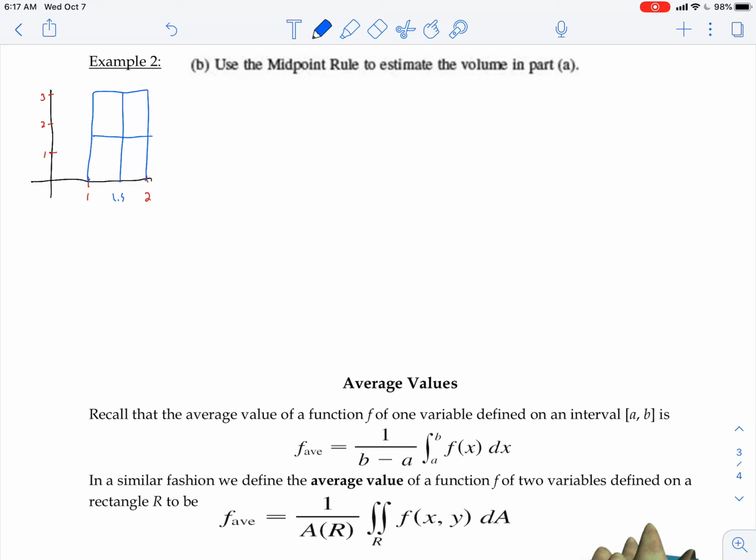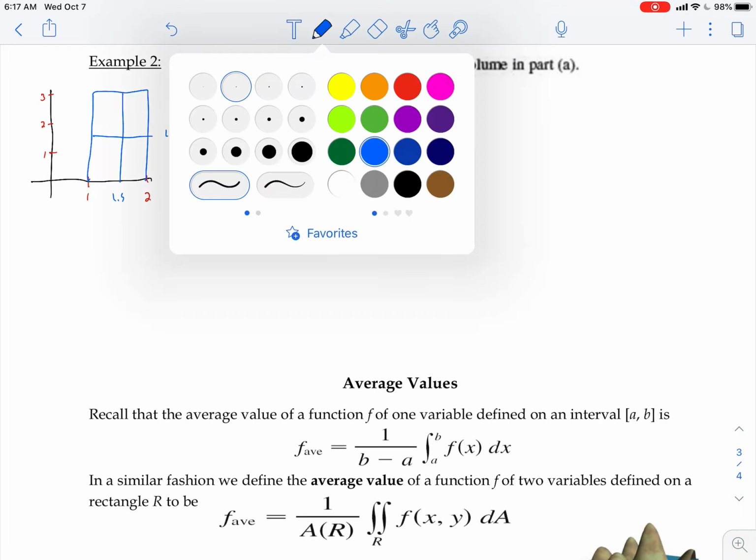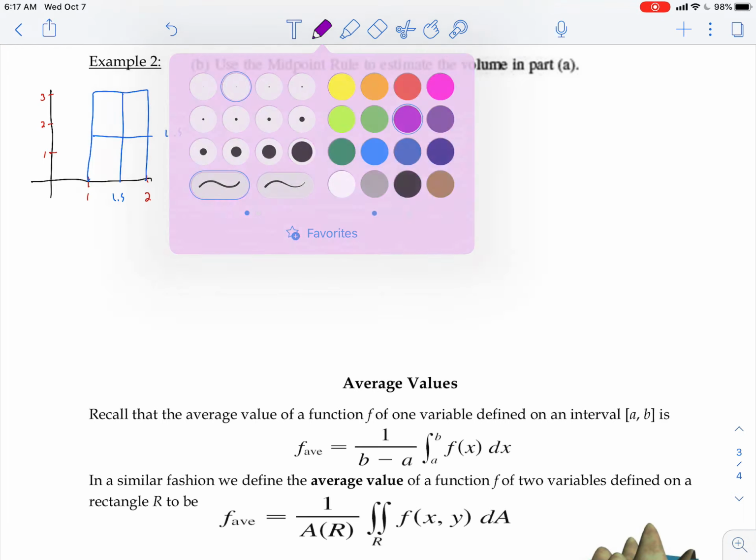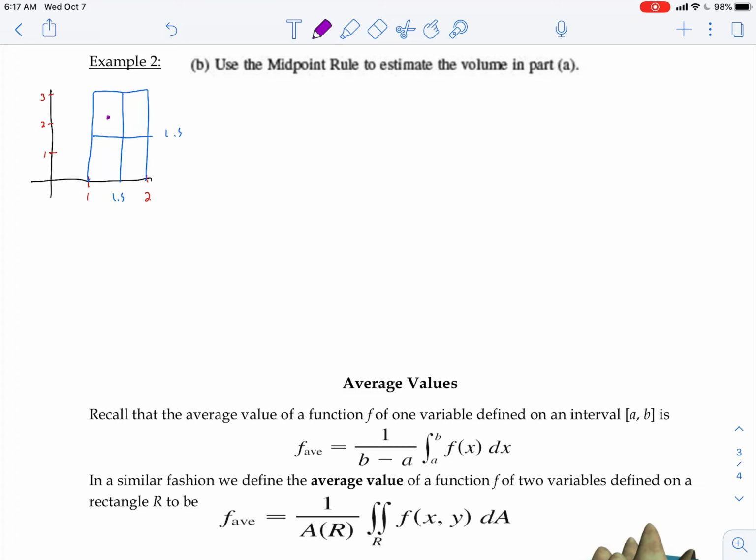And those are our subrectangles at 1.5 and again at 1.5. Now we're going to take the midpoints to find our Riemann sum, so the midpoint of each of those values.